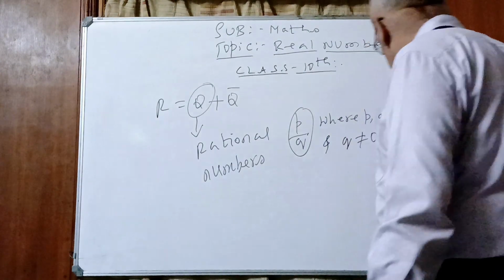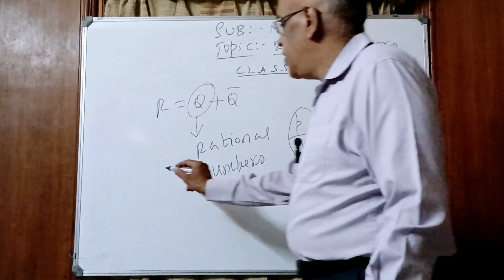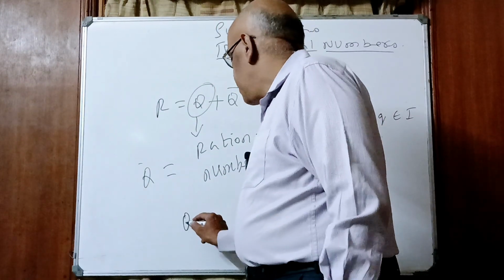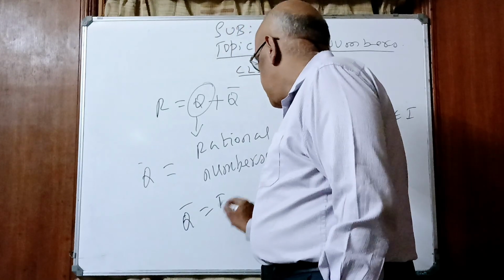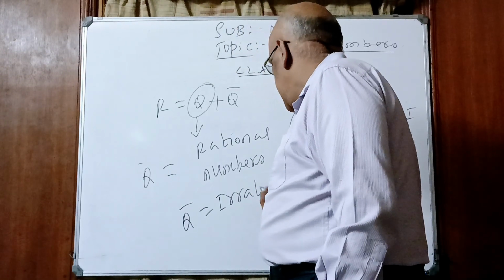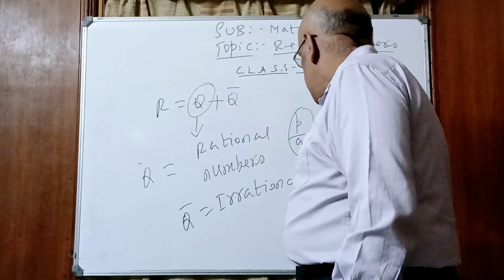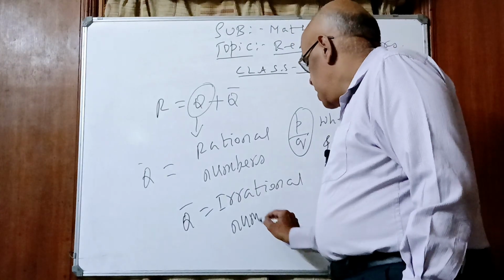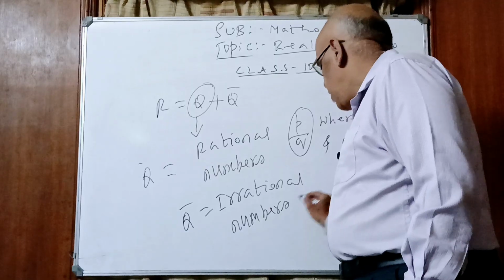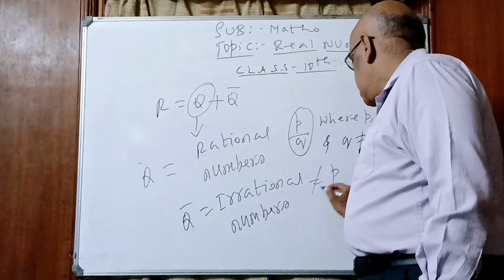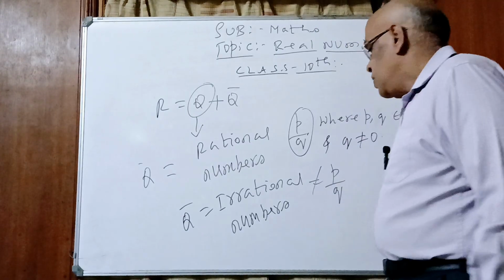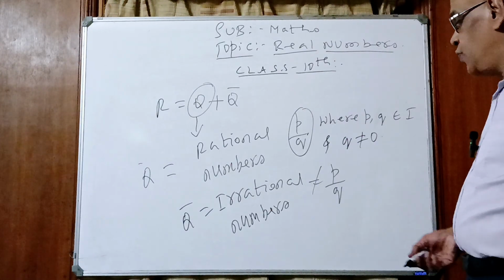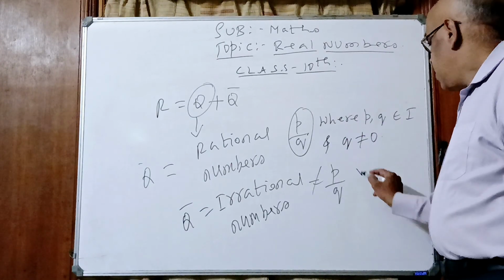What are irrational numbers? This set of rational numbers is denoted by the letter Q. Irrational numbers are denoted by Q bar. Opposite of rational are irrational. What is that? A number which cannot be written in the form of P by Q. You already studied. Condition doesn't arise because the number cannot be written in the form of P by Q. What are they, children?